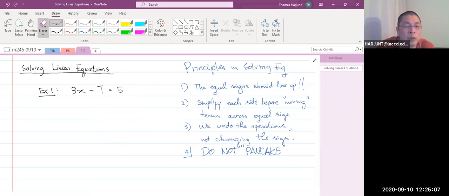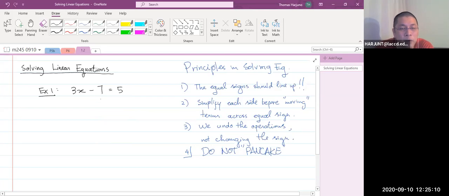Instead, think this way. Even if I really want to show the work, when I undo my subtraction by 7, I add 7 to the other side. So 3x equals 5 plus 7, which most of you can skip and just come up with 3x equals 12. Then you undo the multiplication by dividing, so 12 divided by 3 equals 4.